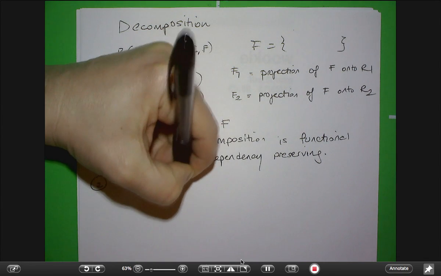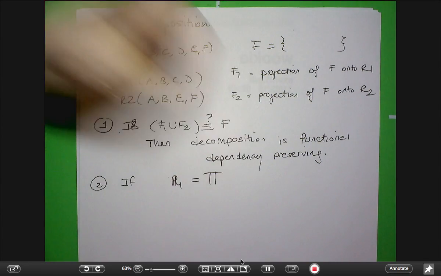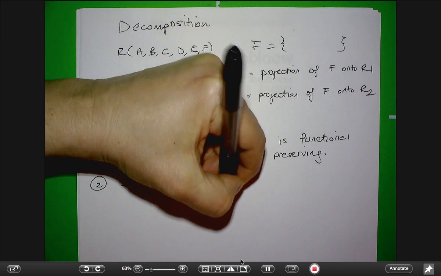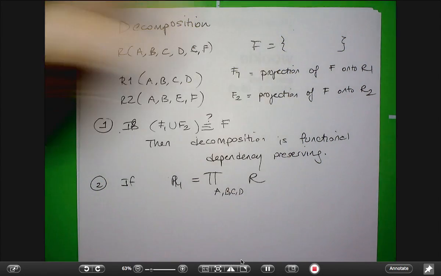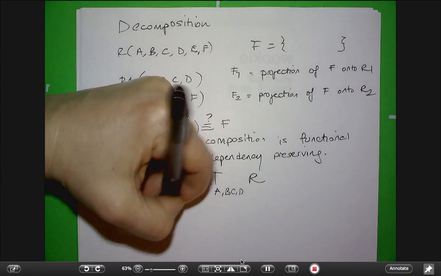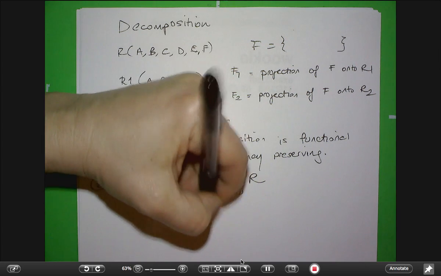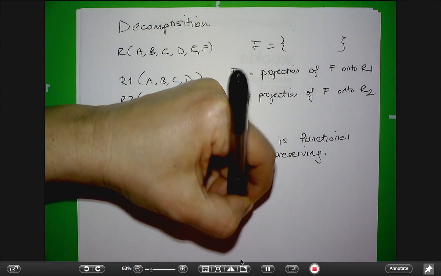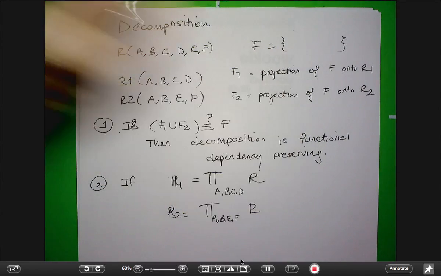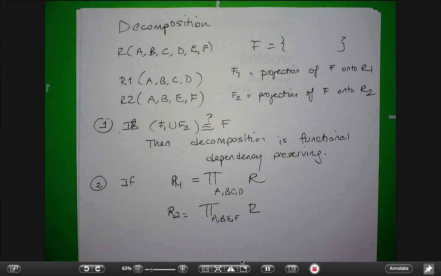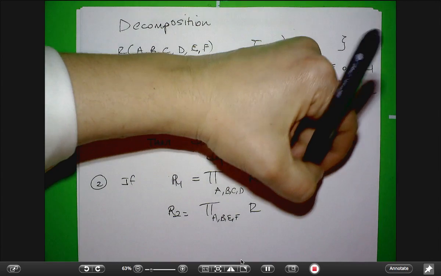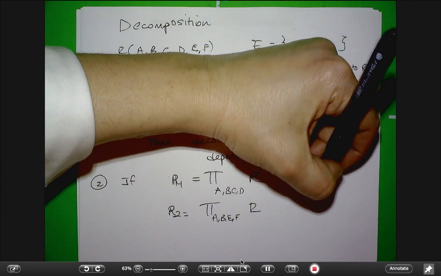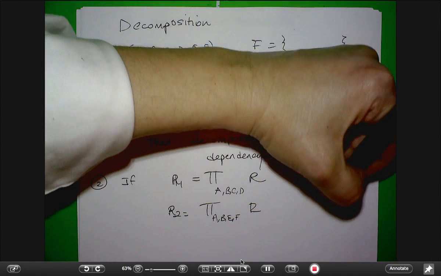if I computed R1 by projecting A, B, C, D from R, then computed R2 by projecting A, B, E, F from R, then I took the natural join of these.